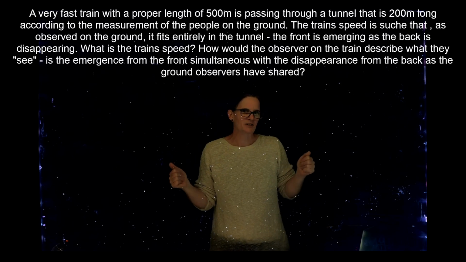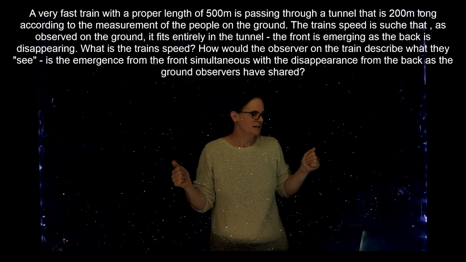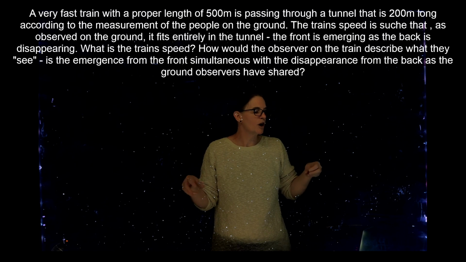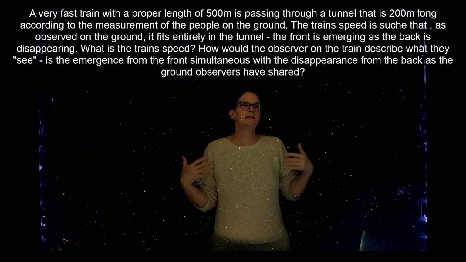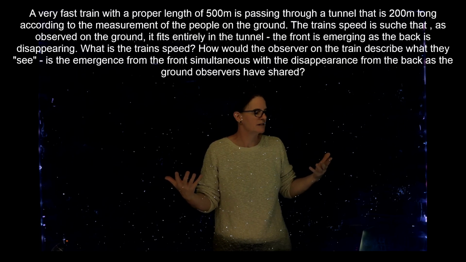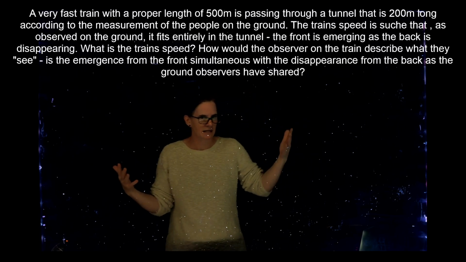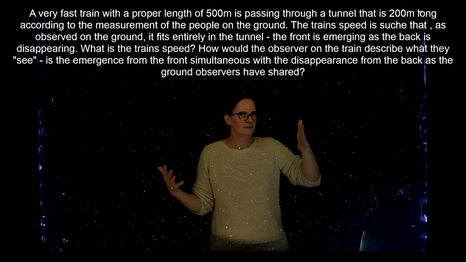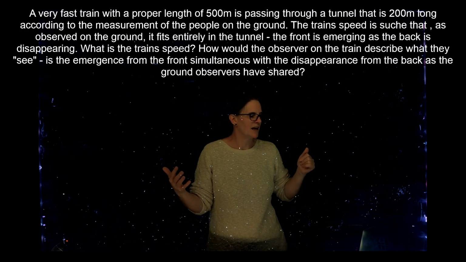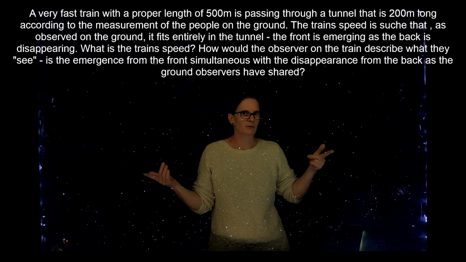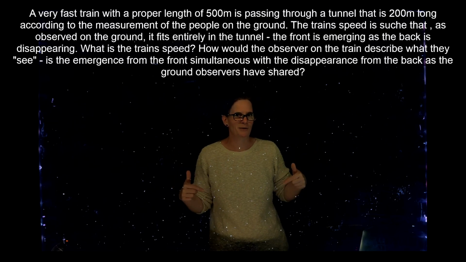How fast is the train going in order for that to be the case? And how would an observer on the train describe what they see as they pass through this tunnel? Is the emergence of the front simultaneous with the disappearance of the back of that train? So are they simultaneous, like the observer on the ground would say they are?